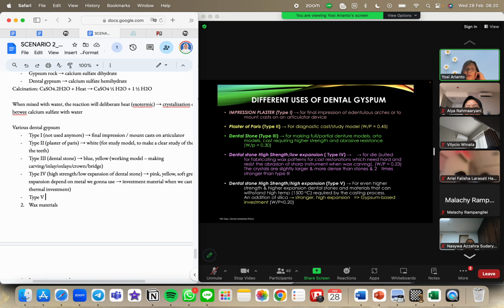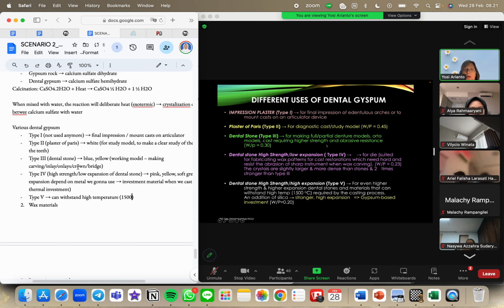So okay. And then this one, plaster of Paris for study model. Usually the water powder ratio is 0.45.